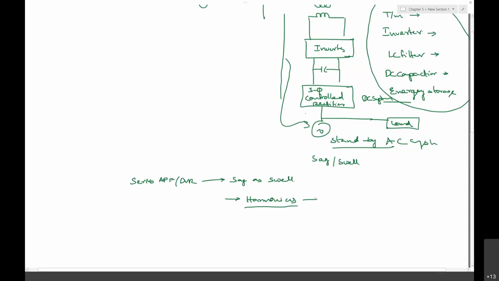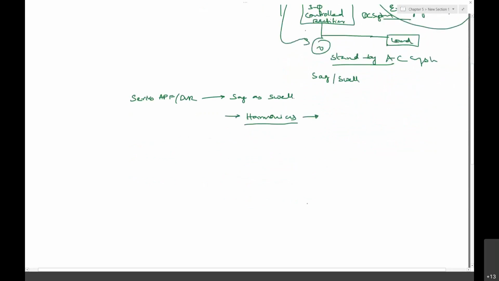But especially when going for the harmonics, the functionality of the series active power filter may not be correct. With my understanding, it is not possible to eliminate the voltage harmonics. Regarding that point, I'll discuss in the next coming classes.